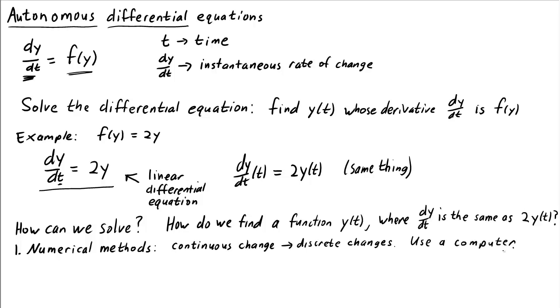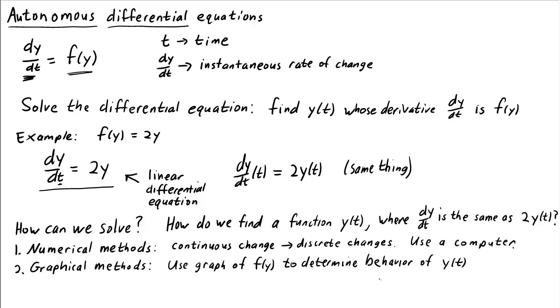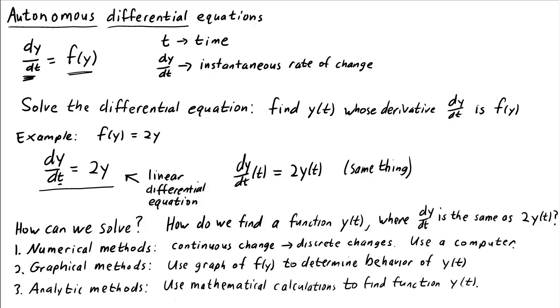We can then use a computer to calculate this approximation to the solution. A second class of methods are the graphical methods. We can use a plot of the graph of f of y to determine the behavior of y of t. The third class of methods, analytic methods, involve using mathematics to find a function that satisfies the differential equation.